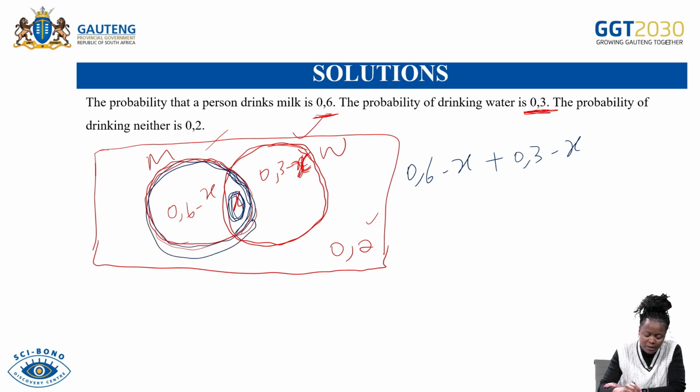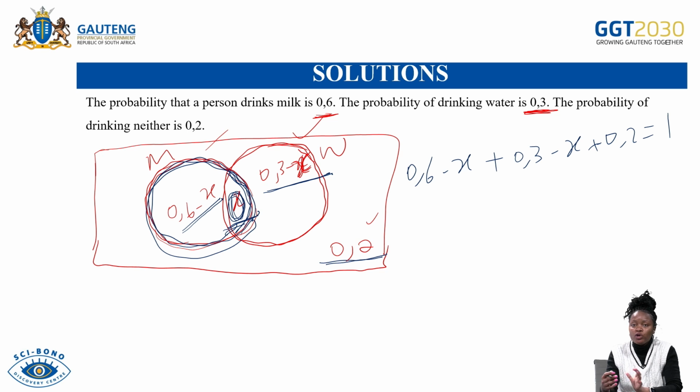So when you are dealing with the milk, you take all of this, and then take this if you want to solve for X. Don't repeat, don't do a repetition. So you'll take 0.6 minus X and plus the X, and then plus 0.3 minus X, plus the 0.2, you should get 1. Because probabilities, when you add them together, they need to give you a 1.